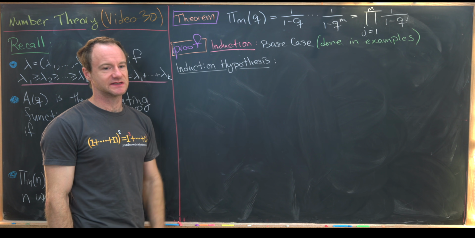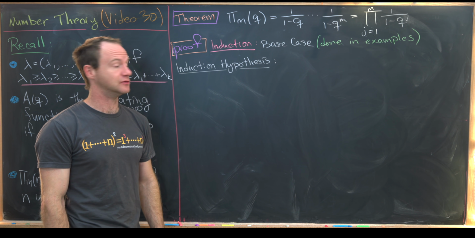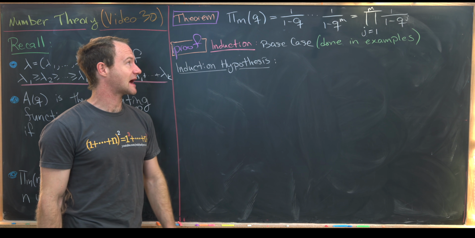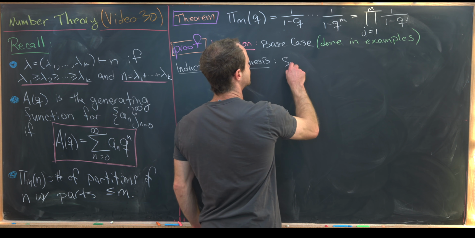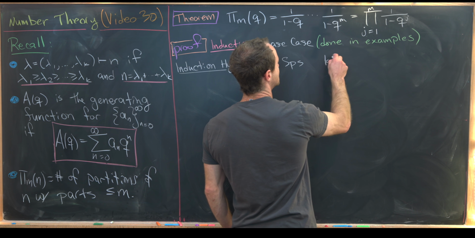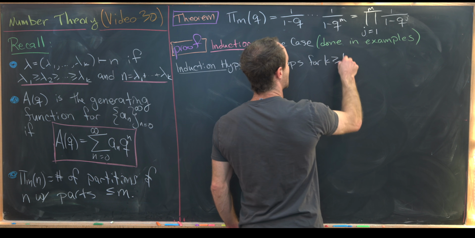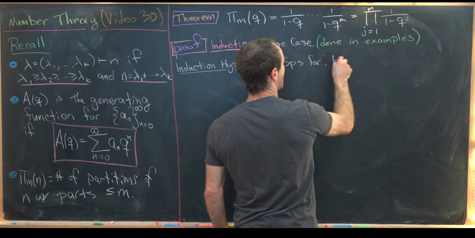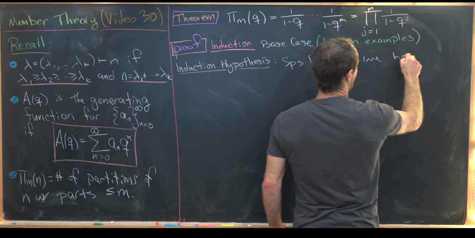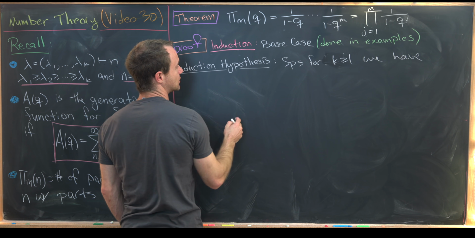Notice we did two base cases here, the m equals 1 and m equals 2 base cases. So now let's make our induction hypothesis. We suppose that for some k bigger than or equal to 1, this result holds.